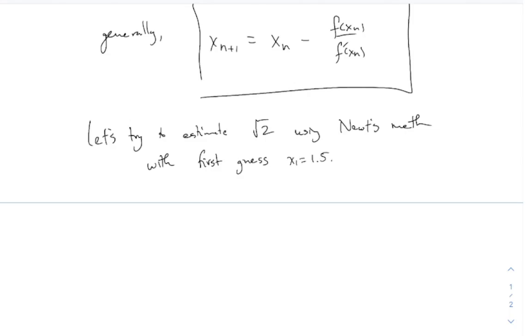Usually, for the sake of our tests, I will tell you how to choose the first guess so that everybody in theory will end up with the same answer. Although if you start with a slightly different guess, your answers will be slightly different, but they will still eventually get very close to the square root of 2.